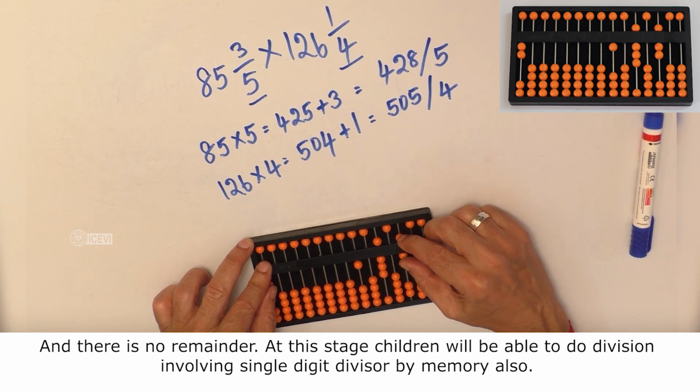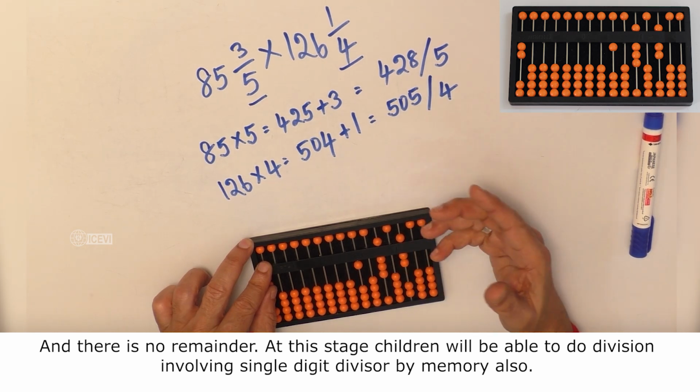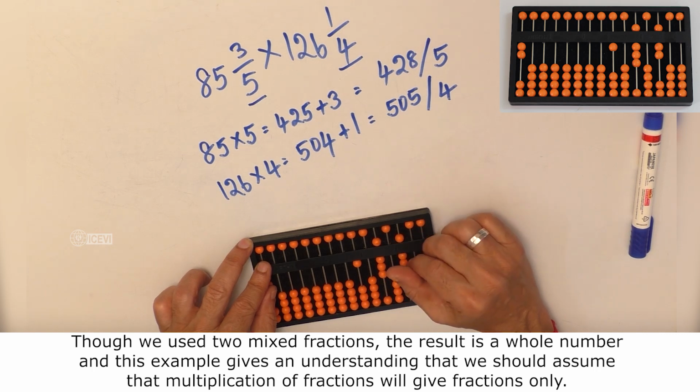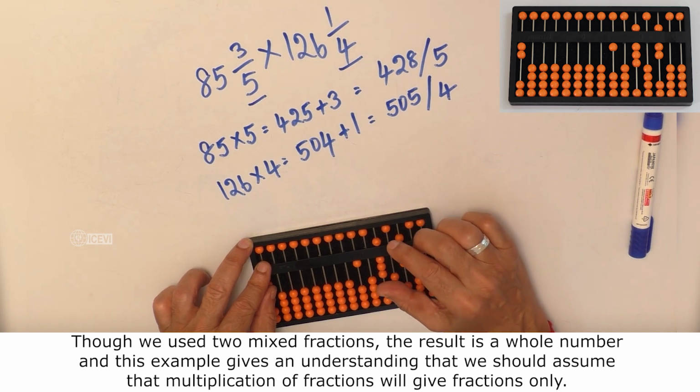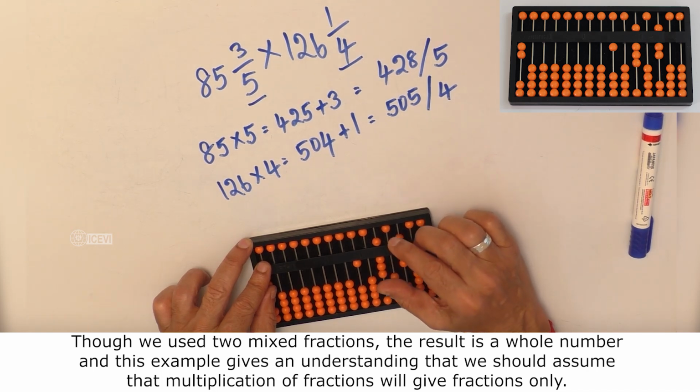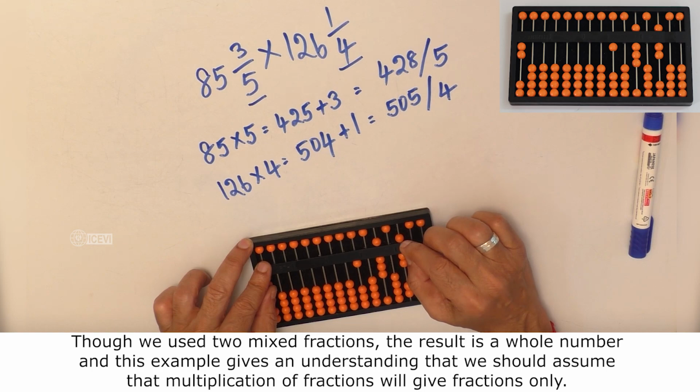At this stage, children will be able to do division involving single digit divisor by memory also. Though we used two mixed fractions, the result is a whole number, and this example gives an understanding that we should not assume that multiplication of fractions will give fractions only.